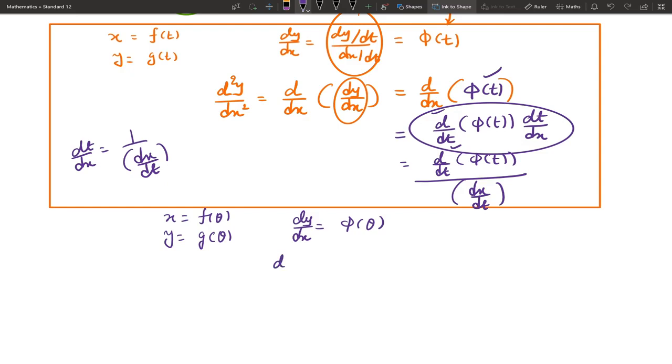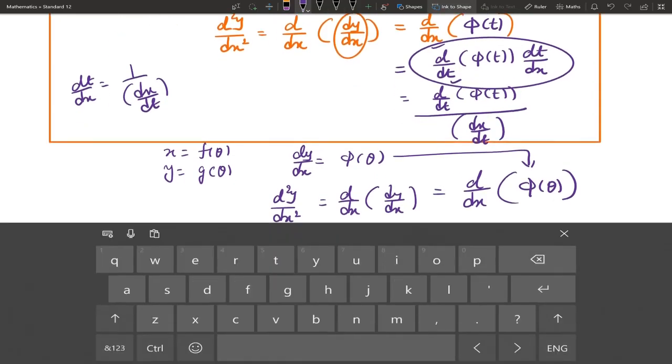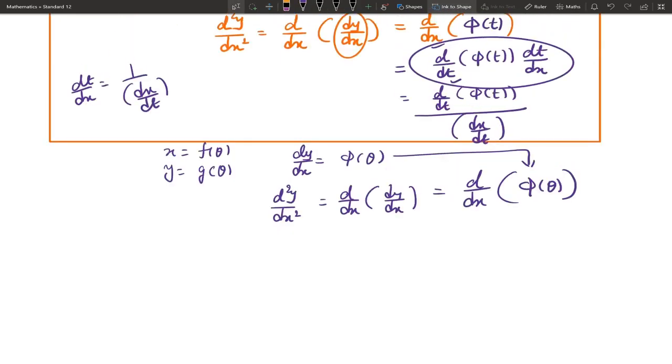So when you obtain the second derivative, this is d by dx of dy by dx. Outside, the derivative is with respect to x, but inside it is a function of theta, so we can't directly differentiate.